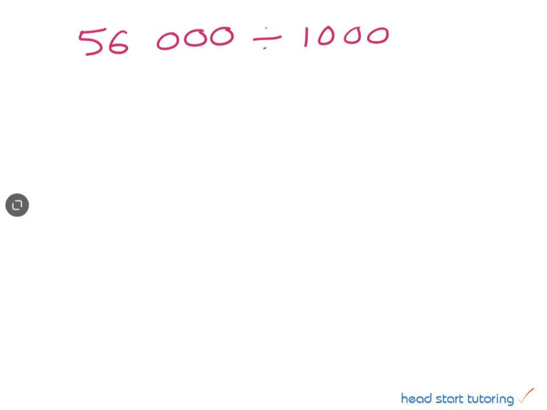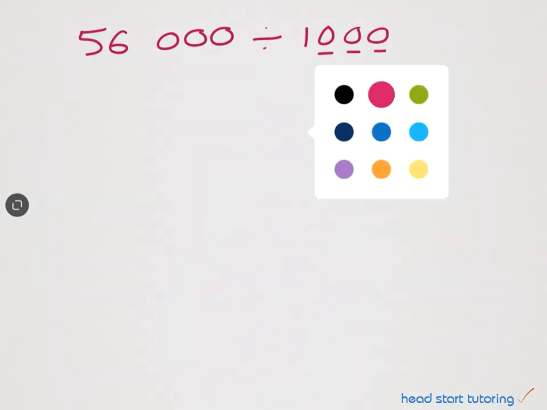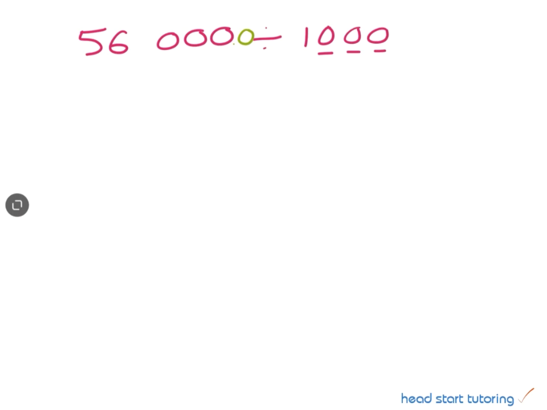Let's have a look at 56,000 divided by 1,000. So because we are dividing by 1,000, which has 1, 2, 3 zeros, we need to bring in 3 decimal places. So we bring in 1, 2, 3 decimal places. So we end up with an answer of 56, or 56.0.